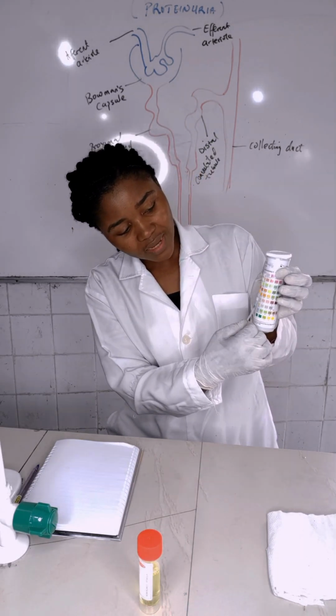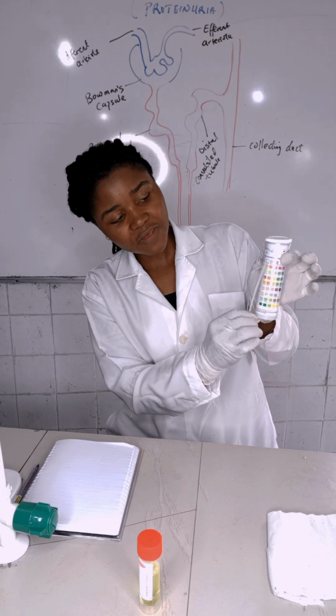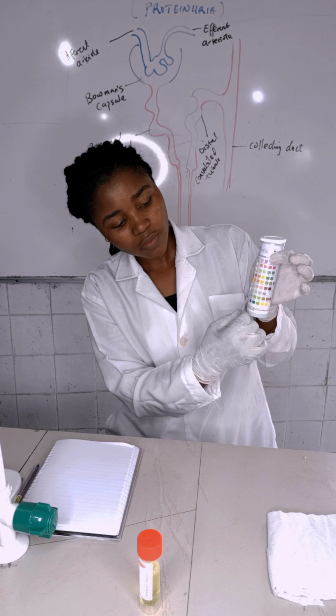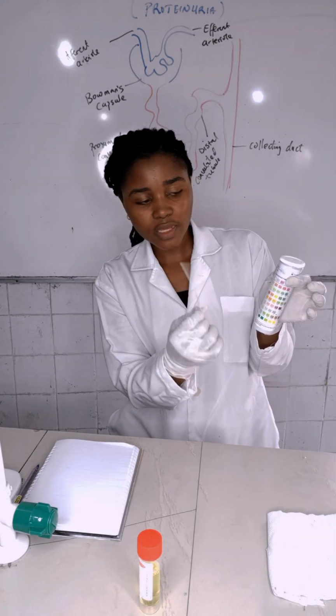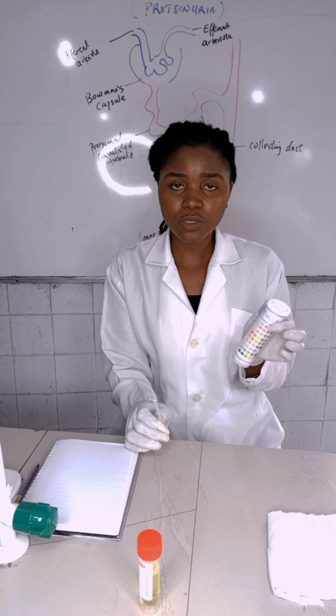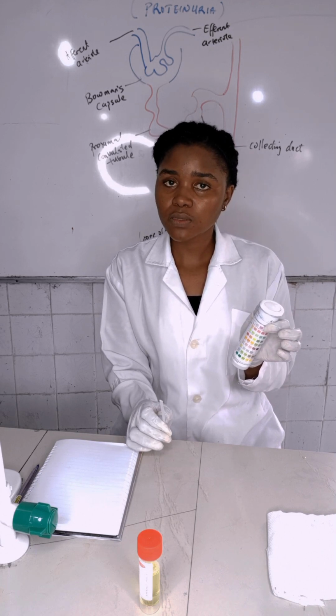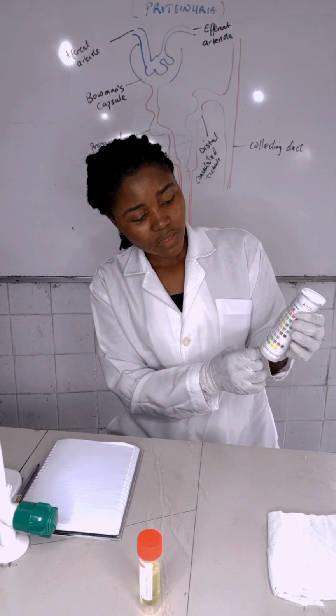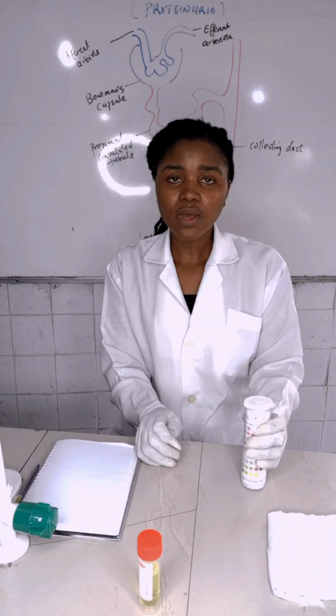You see that the color at this point corresponds with this first line. Whenever you check and the color here does not correspond with this first line, you know that there's discoloration. Therefore, you don't go ahead and use it. Once that has been ascertained, you go ahead.